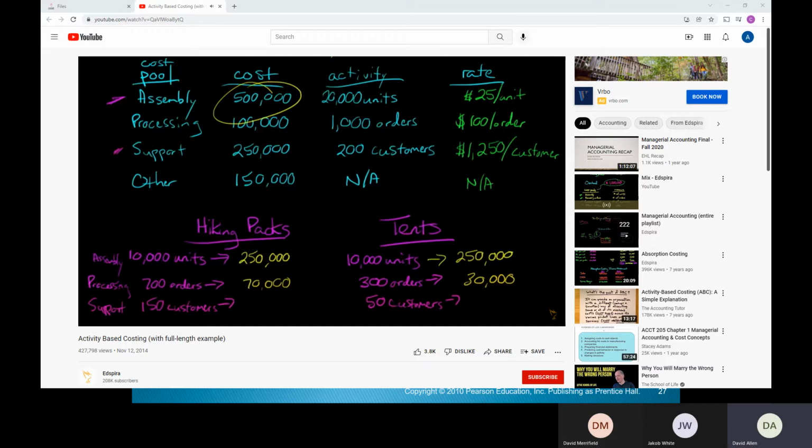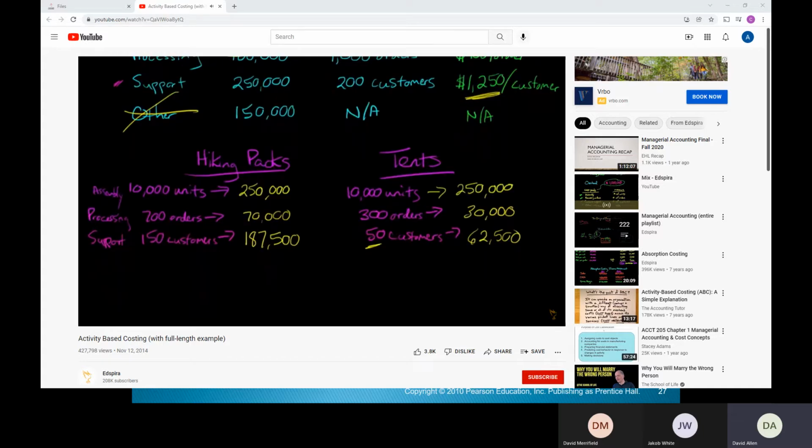And now we can look at the cost, and it's $1,250 a customer. That's our rate. So 1,250 times 150 gives us 187,500. And 1,250 times 50 customers gives us 62,500. Now again, we don't worry about the other, because we're not trying to assign that cost to the hiking packs or to the tent division. We're actually going to ignore that. We don't believe that that's relevant.